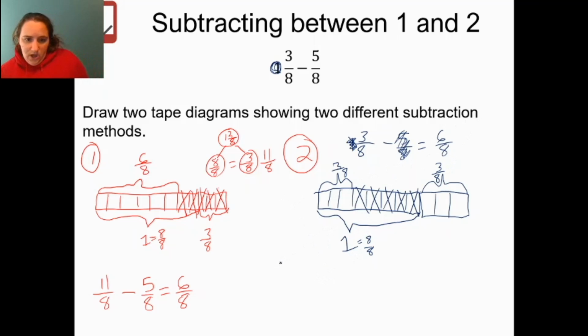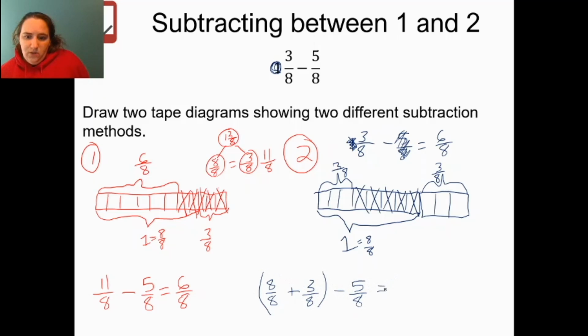And so another way to look at the problem is that we had 1 3/8. So we had 8/8, and then we had 3/8. We're going to subtract 5/8.